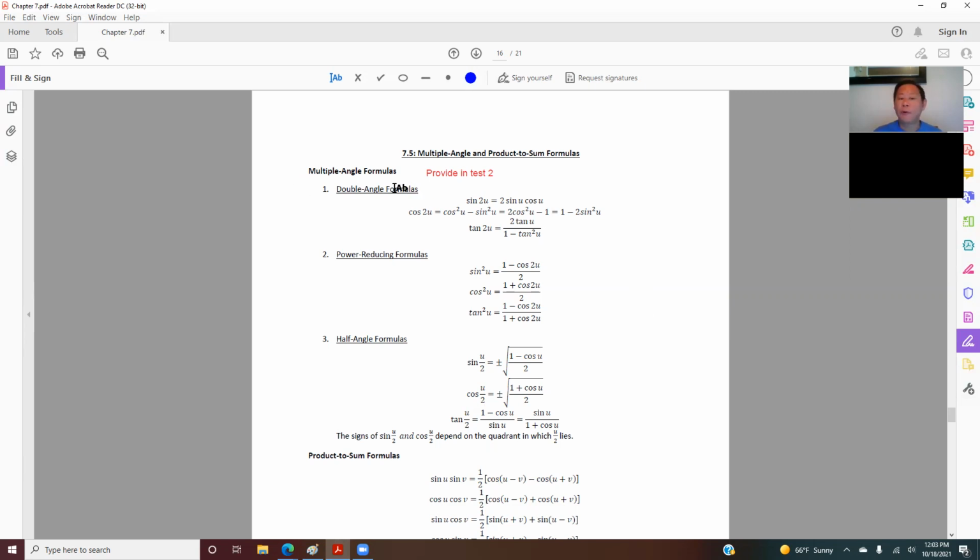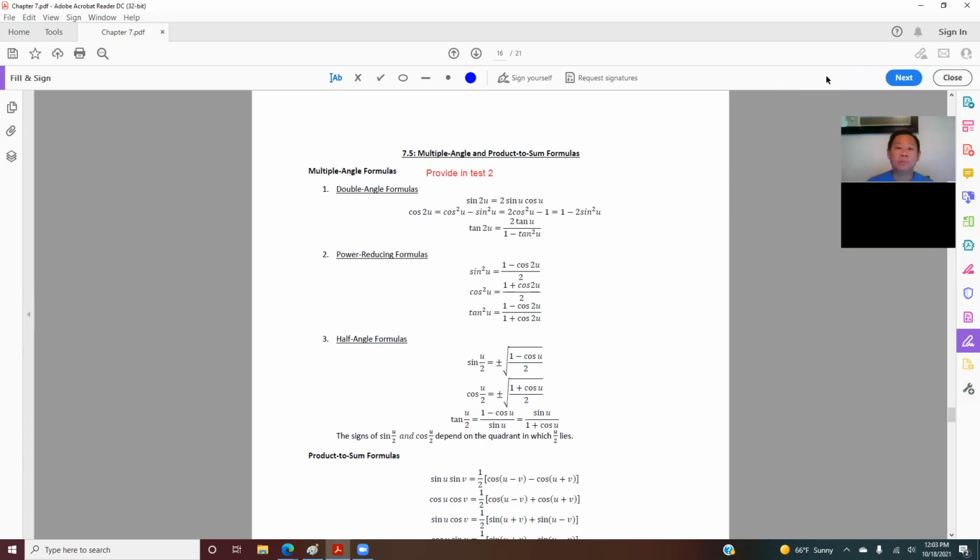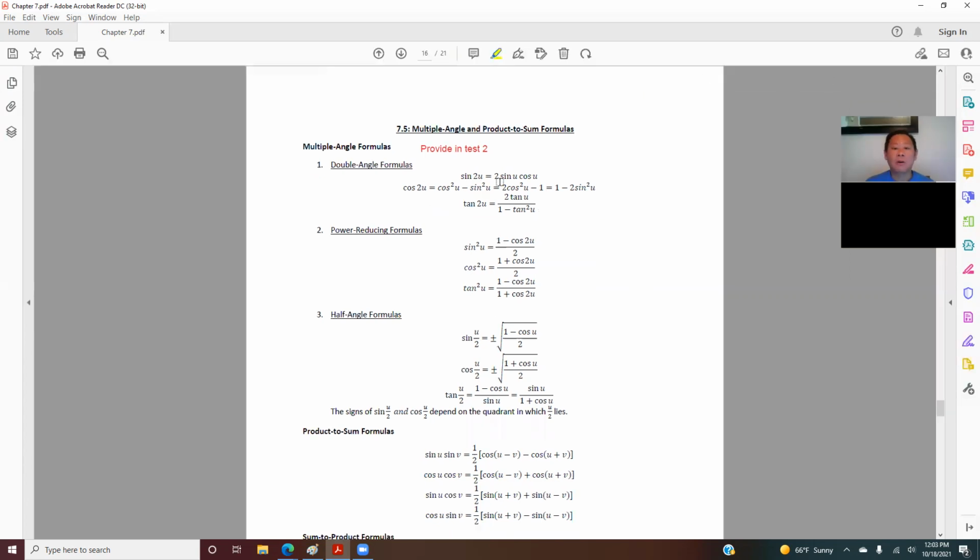The first formula you have here is called a double angle formula. The reason it's called the double angle formula is that if you look at your formula here, all your angles are doubled.